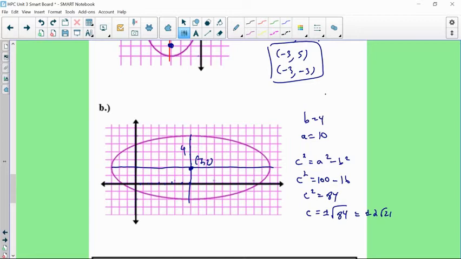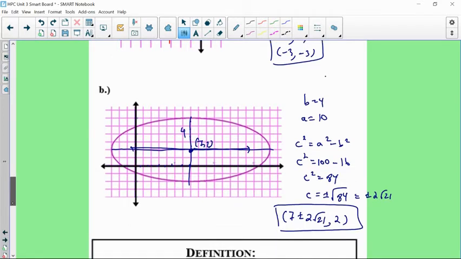And again, we will deviate from the center, but in the x direction. So we're going in this direction and in that direction to get those 2 focal points. And so then the deviation from 7, you could leave it as 7 plus or minus 2 root 21, comma 2, like a collection of those 2 points, almost as if you had solved it using the quadratic formula.